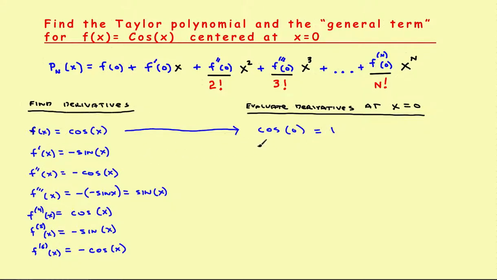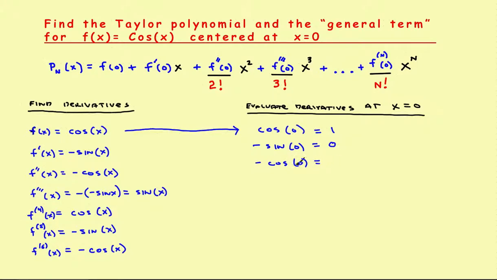Then I'd have the negative of the sine of 0. Now again, the sine of 0 is 0, so the negative would still be 0. Then I've got the negative of the cosine of 0. So just everywhere you've got an x, plug in a 0.